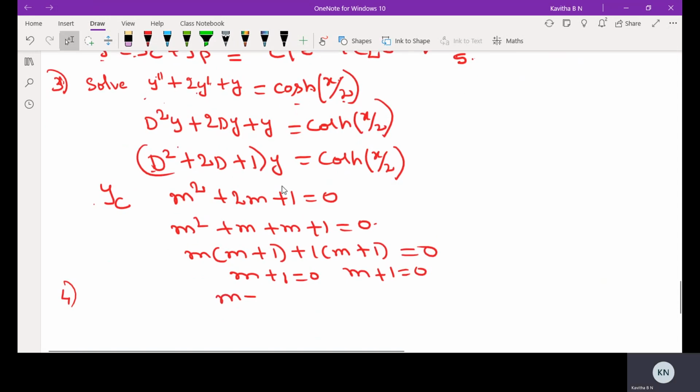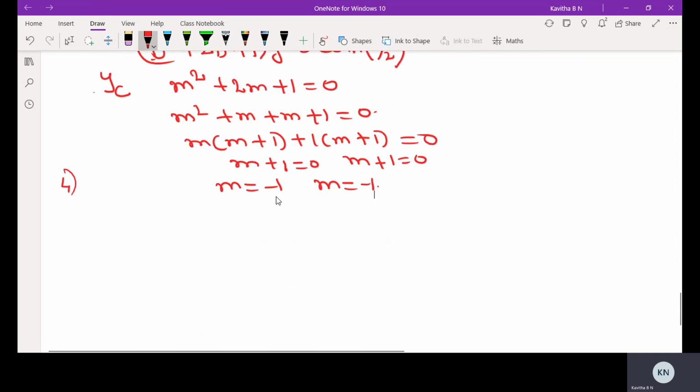Then here m is equal to minus 1, m is equal to minus 1. Then write down yc. The roots are the same here, so yc is equal to c1 plus c2x into e to the power of minus x. Next we need to find the yp.